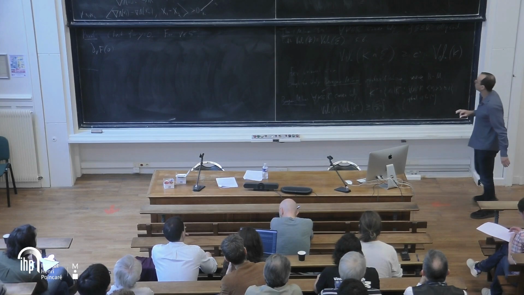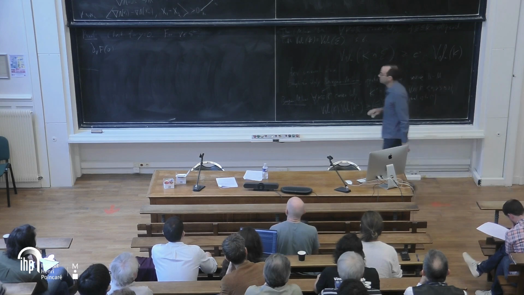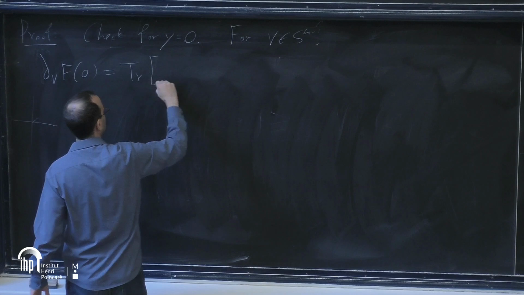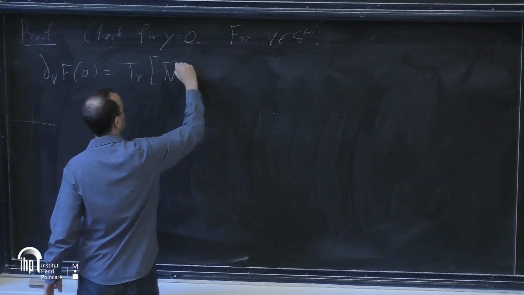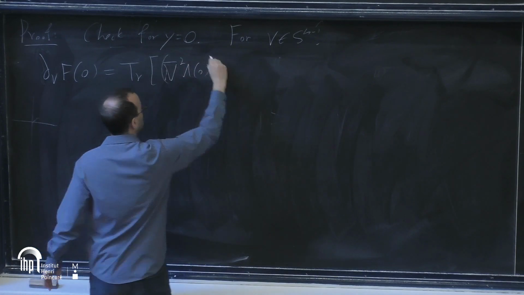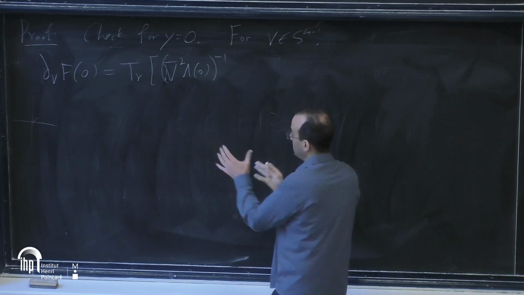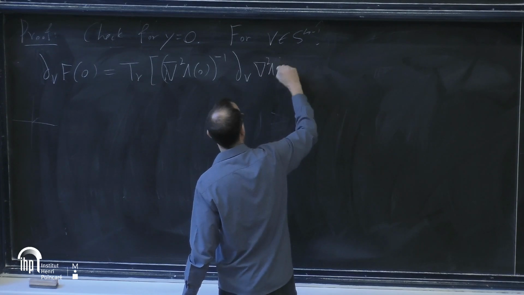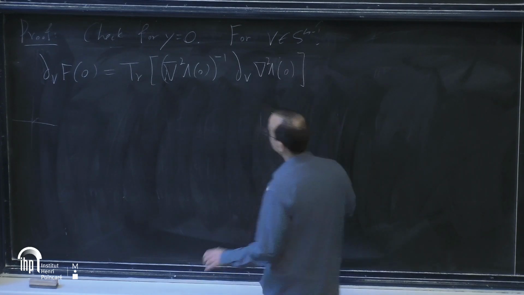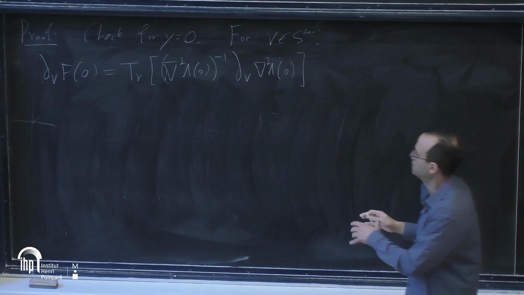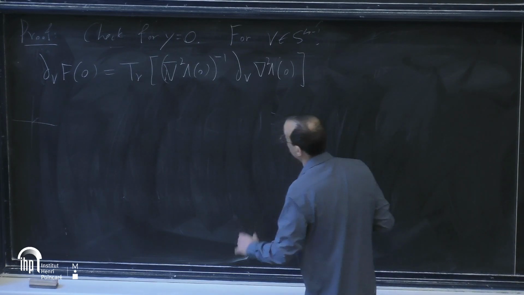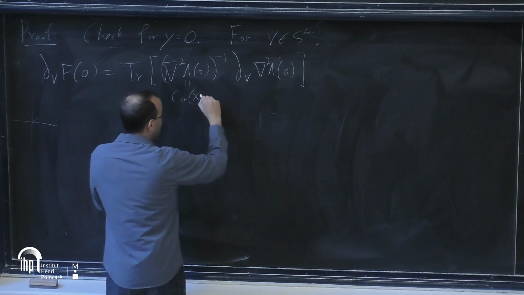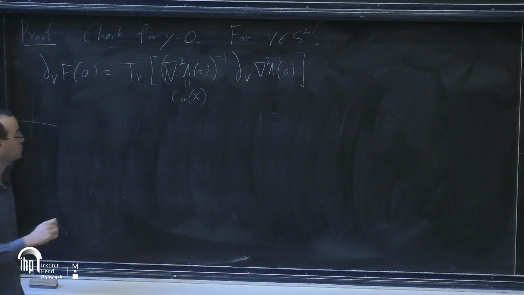Some of us remember this is the trace of the inverse matrix times the derivative of the matrix itself. This is how we differentiate the logarithm of a determinant. Now, this inverse matrix, as we said, is the covariance of x_y, but just of x, because there's no tilt at the origin. So this is the identity.